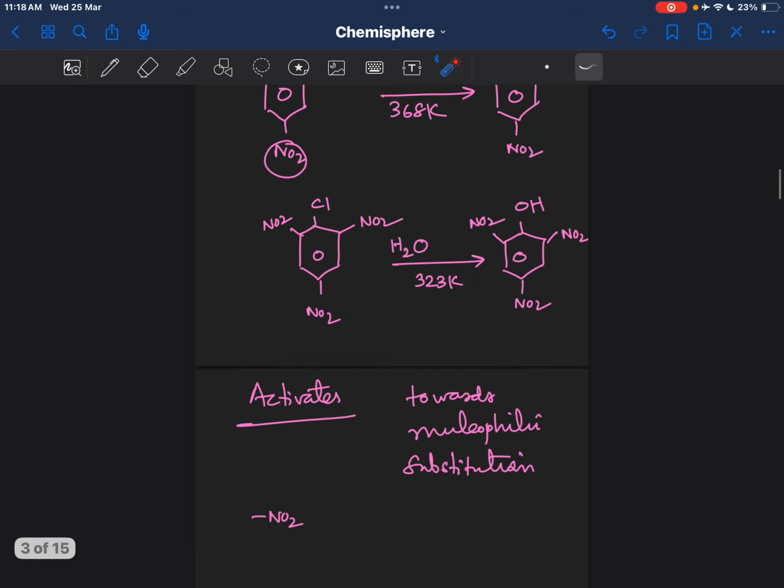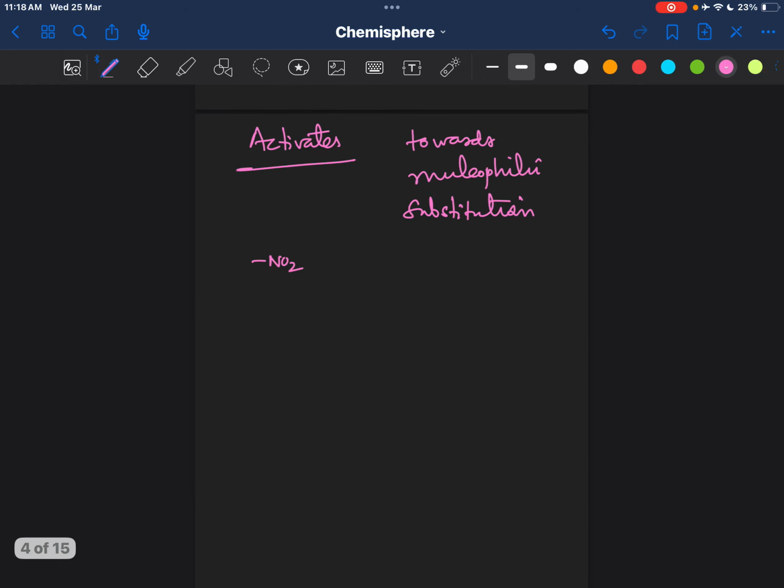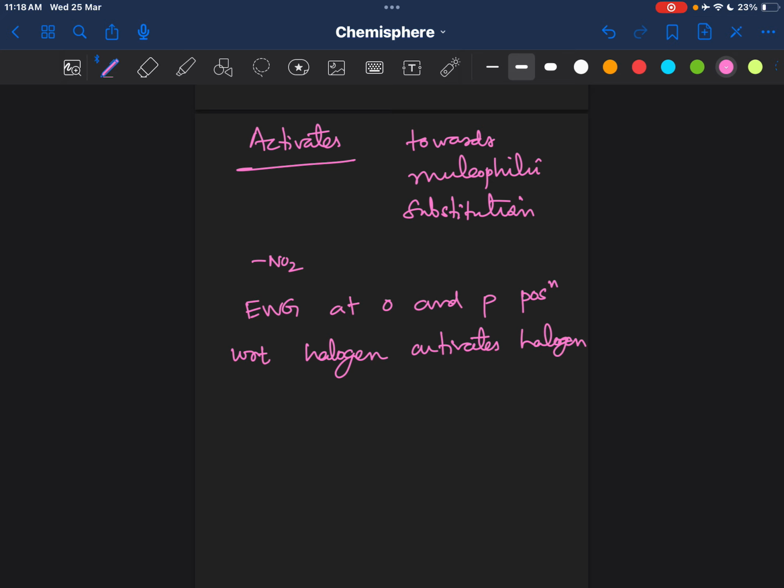So what is the reason? The reason is, we can write it down, that an electron withdrawing group at ortho and para position with respect to halogen activates the halogen towards nucleophilic substitution. Okay, this is the point.